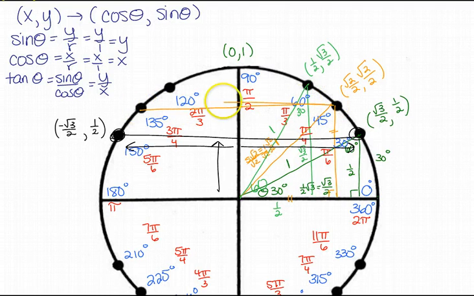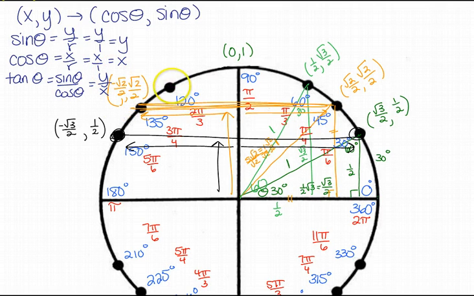These two correspond, and they both again are moving the same distance up, so this is still a y value of root 2 over 2. Same distance right as it is left, the only difference is right and left, so while this is positive, this one is going to be a negative root 2 over 2.